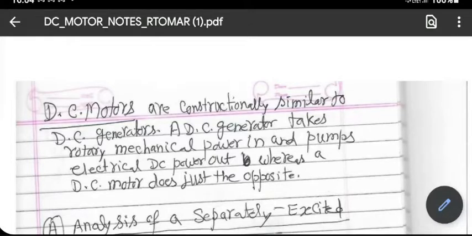Basically, you supply DC voltage to the two terminals of the motor and you start seeing the rotation. If you reverse the polarity of the supply, the motor would rotate in the opposite direction. That's obvious.